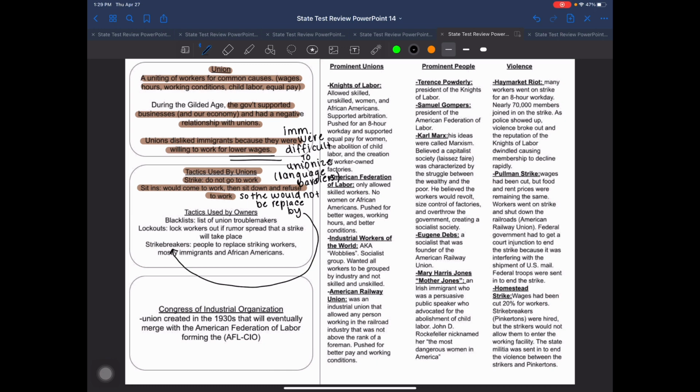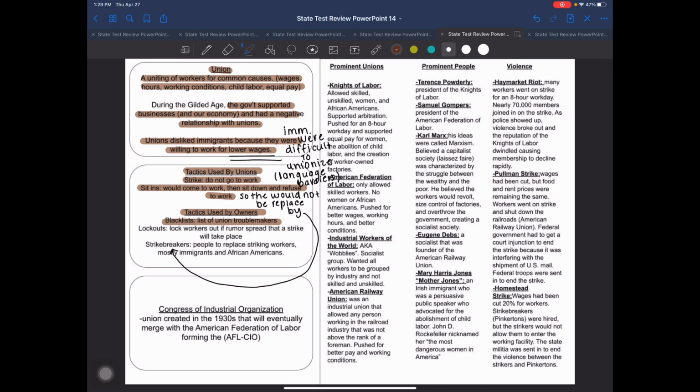So that leads us into this bottom section here, how owners of these businesses reacted to unions. One thing that they would do is, if they hired somebody and then that person joined a union and started planning on going on strike, the owner would probably fire that person as a troublemaker, and that person's name would wind up on what we call a blacklist, which means that most businessmen would share this list.